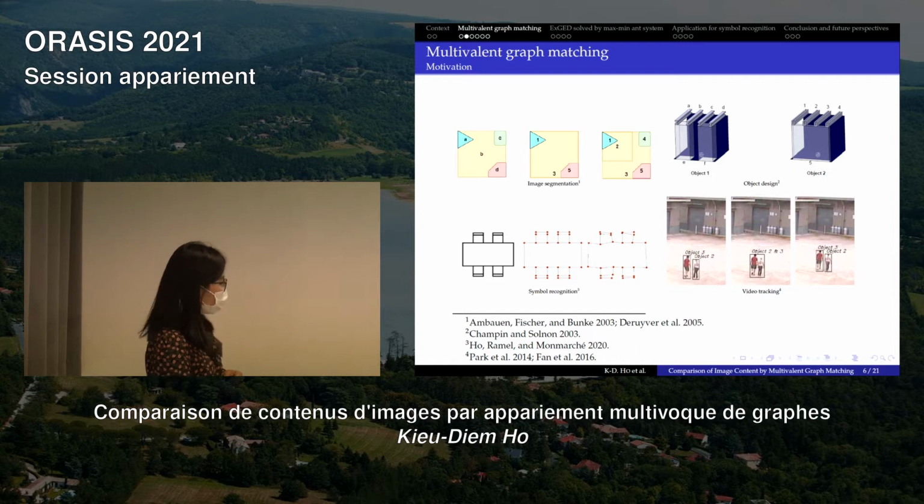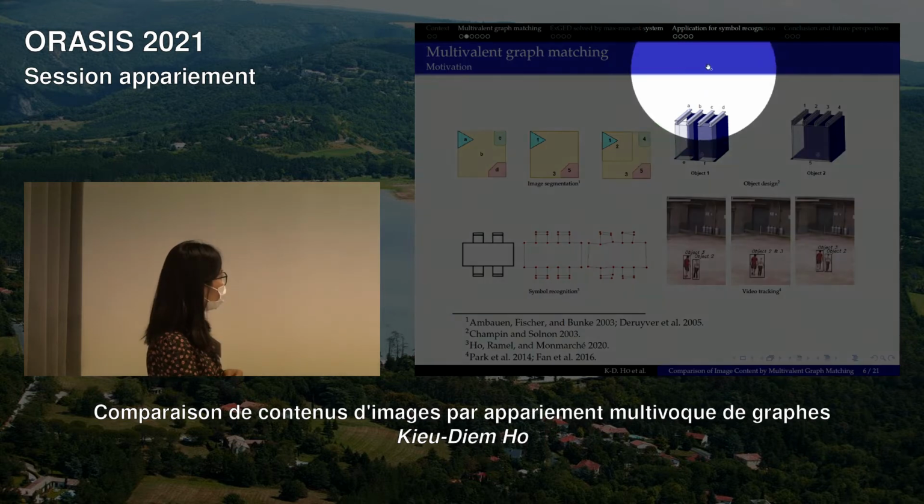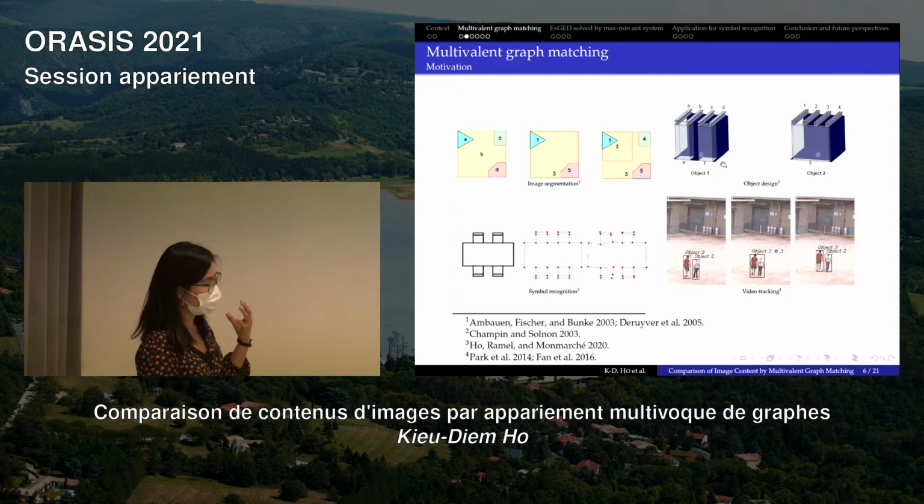Or in computer-aided design, here maybe some parts of the object will correspond with just one part of another object. Or in video tracking, you can have inclusion or occlusion. Or in symbol recognition, you might have very distorted, deformed symbols. So in this case, multivalent graph matching can be useful.